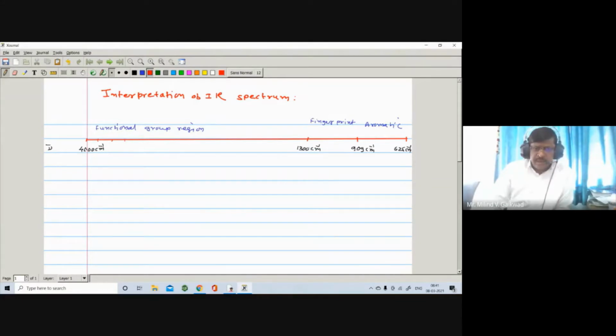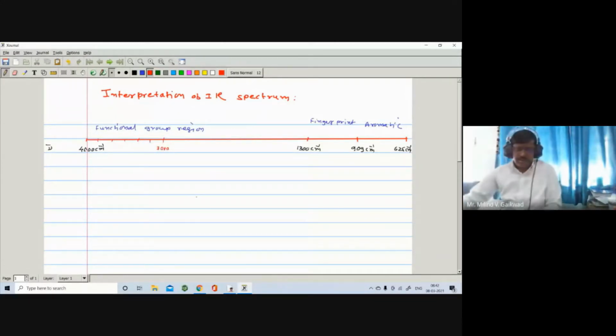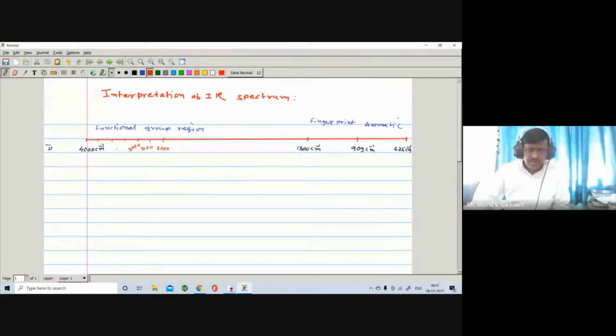So here we can write, suppose, 3000, then 3100, 3200, 3300, similarly 3435, and so on.